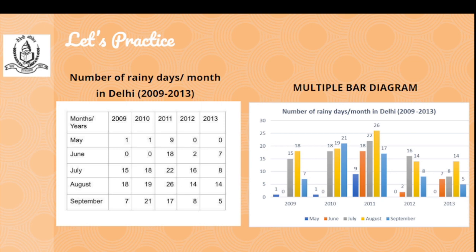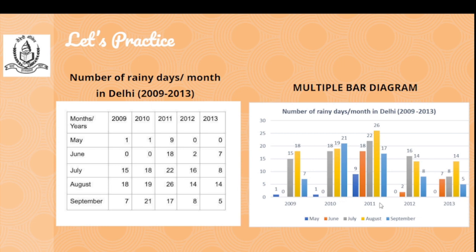As I mentioned in the previous slide, in one particular set the different bars should be of different colors. Different months are represented by different colors, which makes comparison easy. Yellow, which represents August, shows the maximum number of rainy days in 2009.